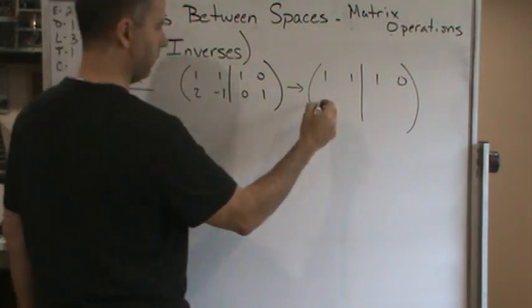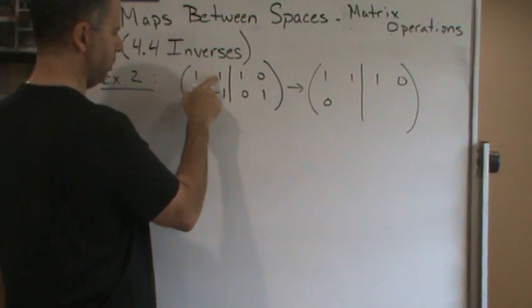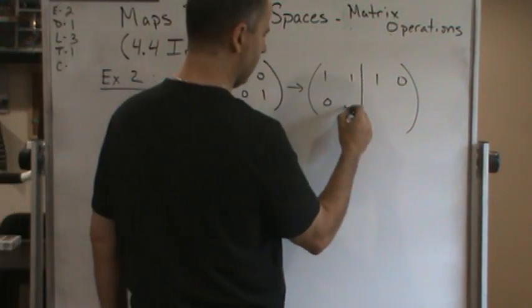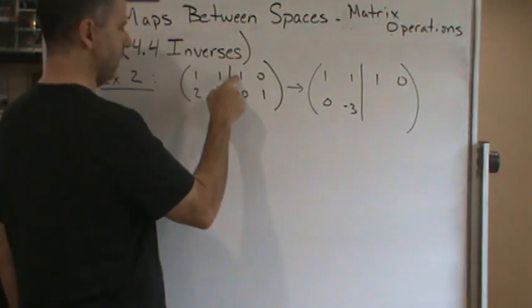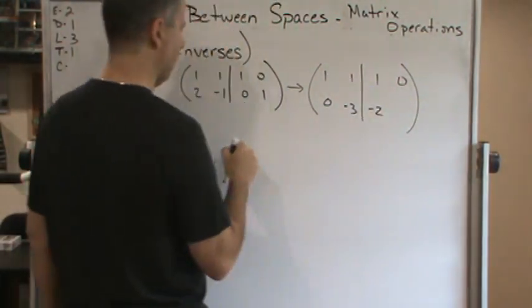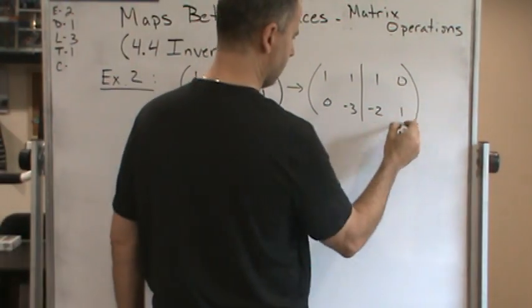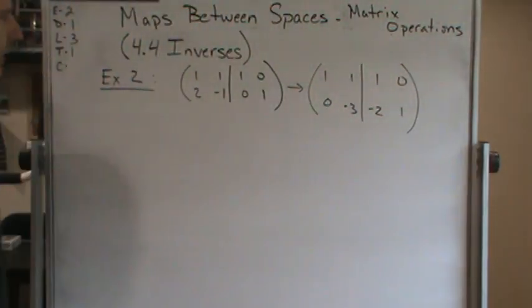And then this is going to be 0, right? -2 minus this is -3. And then -2 plus this is -2. And then anything times 0 is 0, so this is just going to stay the same. Okay? And so that's where we're at right now.